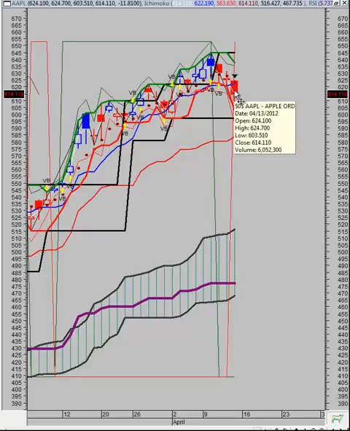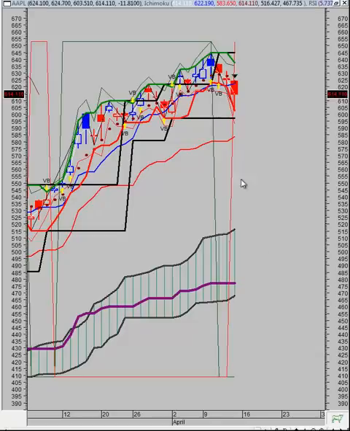And then Kumo support is going to be around $520, give or take. Actually, make it $516.42. That's the top of this Kumo cloud right here.